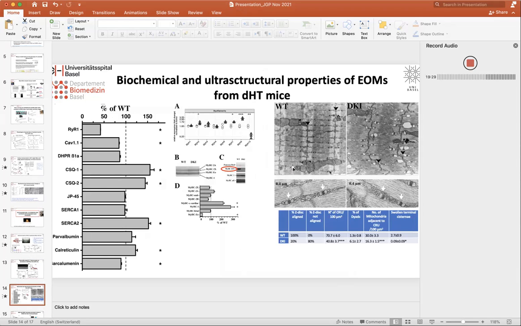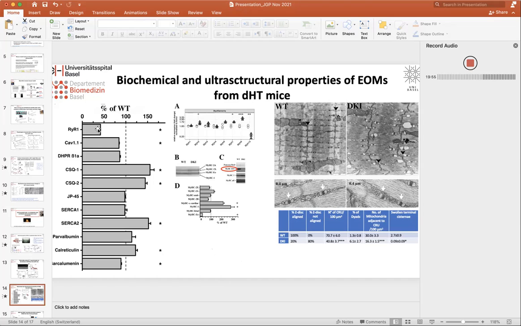We then proceeded to do biochemical and ultrastructural analysis of the extraocular muscles. And this is where we obtained the interesting results. We performed both Western blot analysis as well as mass spec. It needs to be said that extraocular muscles are actually a hybrid between cardiac muscles and skeletal muscles.